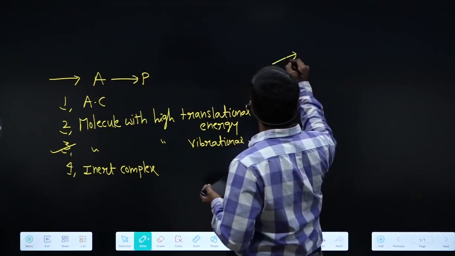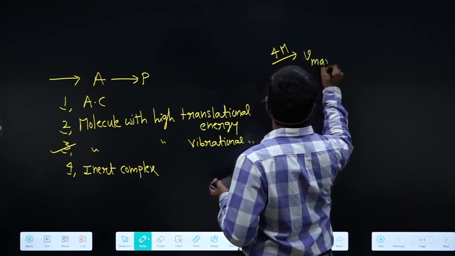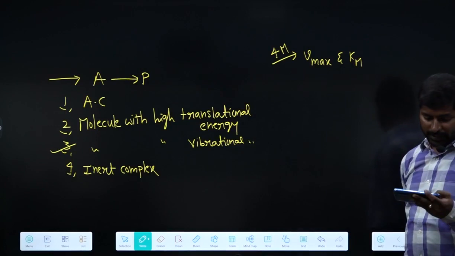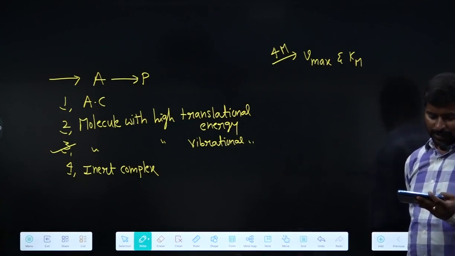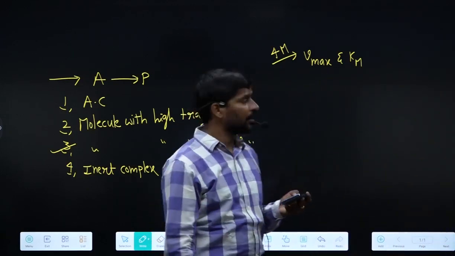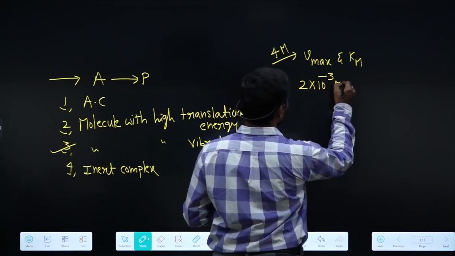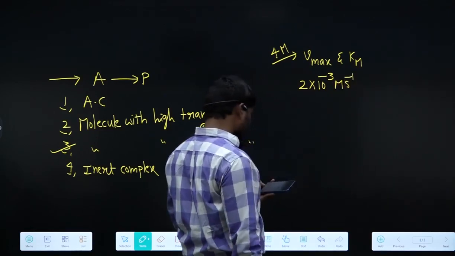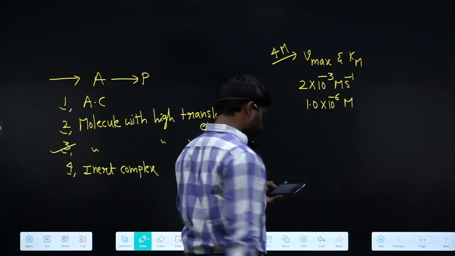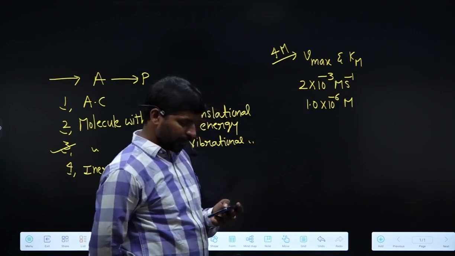This is given in CSIR for 4 marks. V max and Km for an enzyme catalyzed reaction are 2 into 10 power minus 3 m second inverse and 1.0 into 10 power minus 6 m respectively.